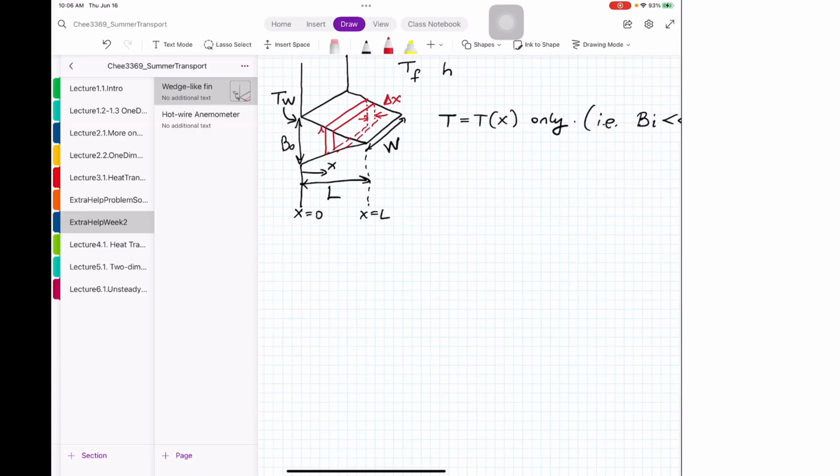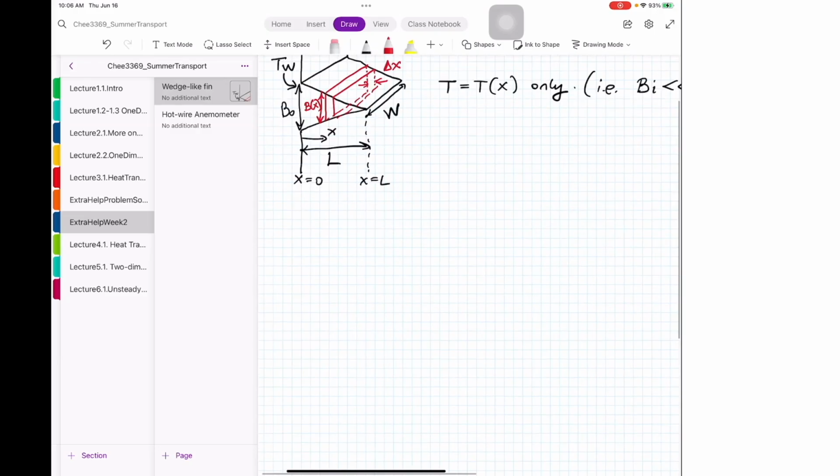And let's assume that the height is b of x, and b of x, just a side note, can be written as a linear function of x, because you can see from the geometry, it decreases linearly with x. b0 times 1 minus x over L.